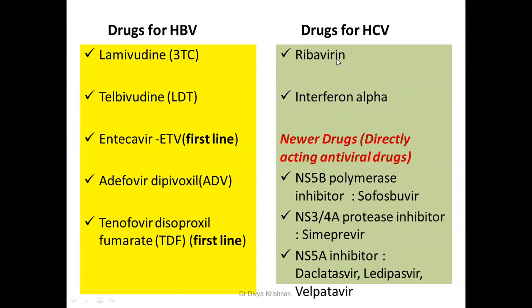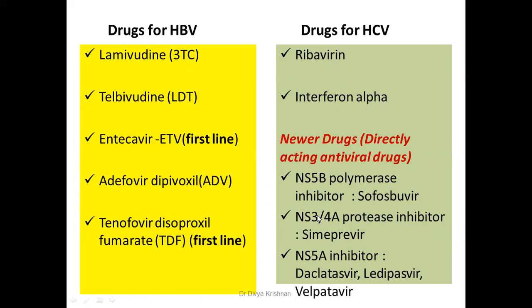Drugs for HCV mainly include ribavirin, which we already discussed a little bit in the case of anti-influenza drugs also. Then you have got interferon alpha, and then a new set of drugs called directly acting antiviral drugs, that is DAA. Under this, you have got the NS5B polymerase inhibitor, sofosbuvir.